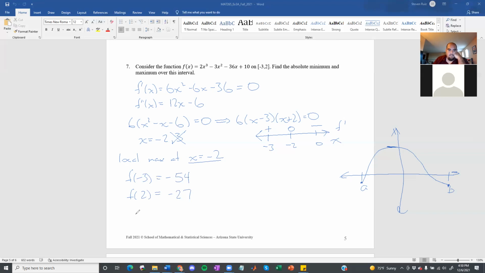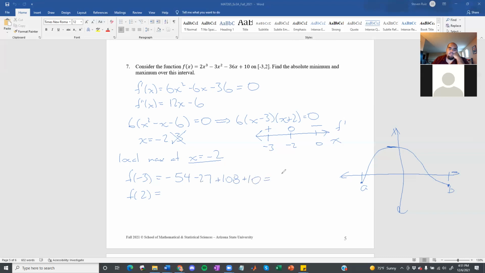Wait, is that what the final one should be? What are you trying to find right now? I was plugging -3 into the original equation for every x value. Oh, okay. So for -3, it'd be -54 minus 27 plus 108 plus 10.